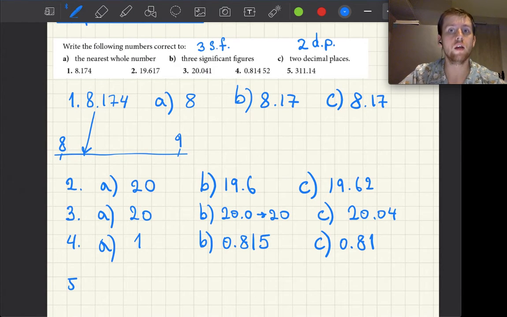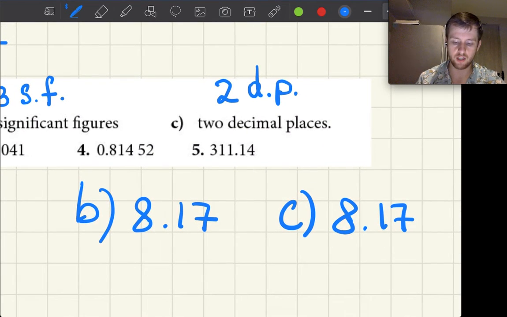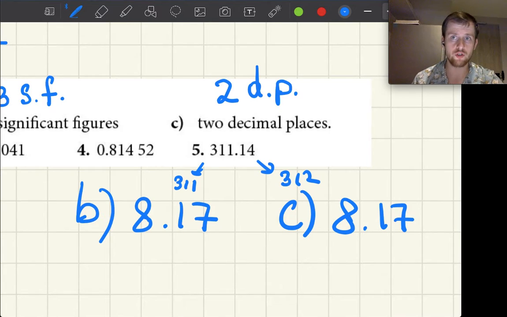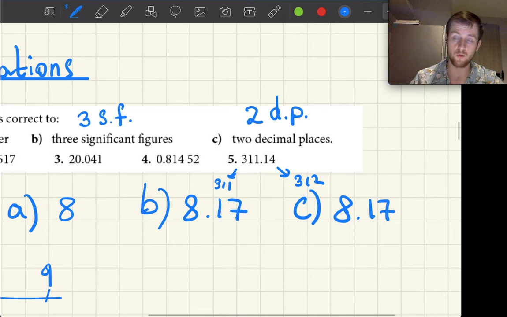Okay, next we have the last one actually, 311.14. For the nearest whole number, 311 is between 312 and 311 on different sides, and it's closer to 311. Rounding to the nearest whole number is like rounding to the nearest single digit, the nearest one.